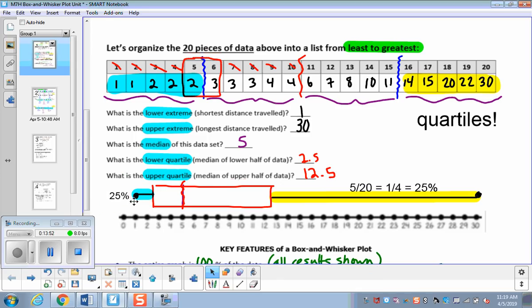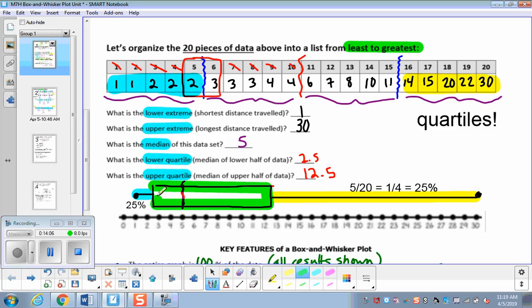So if 25% of the data is right here and it's these 5 people, and 25% of the data is right here and it's these 5 people, that means that the rest of the data is contained within this box, and that should represent the other 50% of the people who responded. And right here, we can count up those 10 other people, and that would be 50% itself.